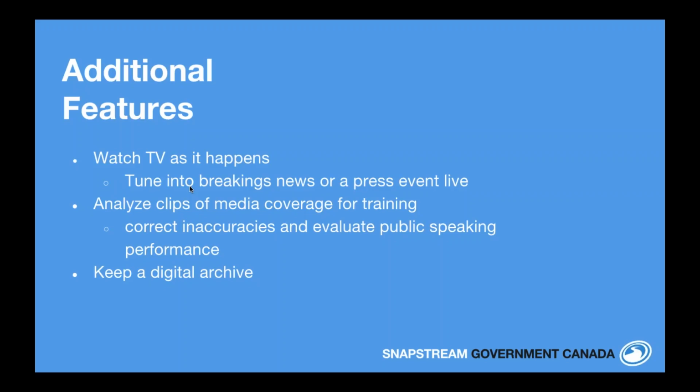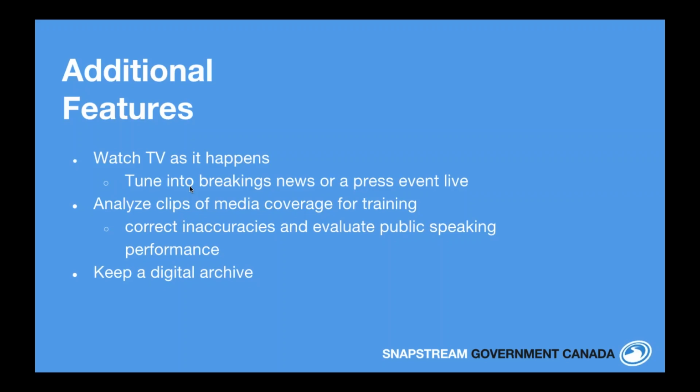We also see it being used, in addition to actual media response, for training, where organizations will use the clips that they find on television to train their new personnel or retrain even the experienced personnel on how to engage with the media. In Canada, we call them public information officers here in the States.